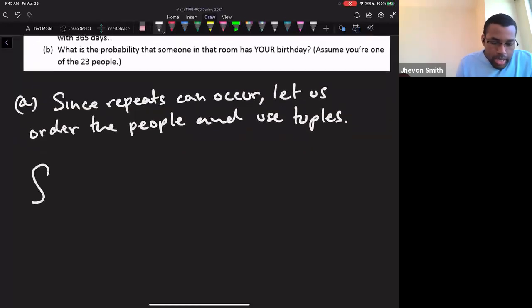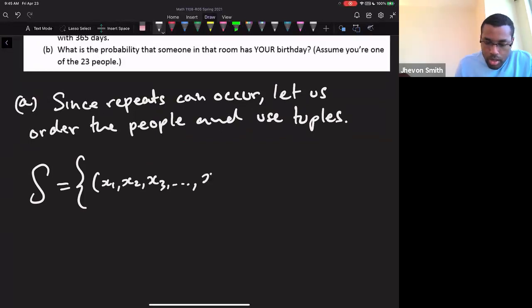I'm going to set up my sample space S to be the set of all 23 tuples: the birthday of the first person, second person, third person, all the way up to the birthday of the 23rd person, such that the x_i are birthdays.